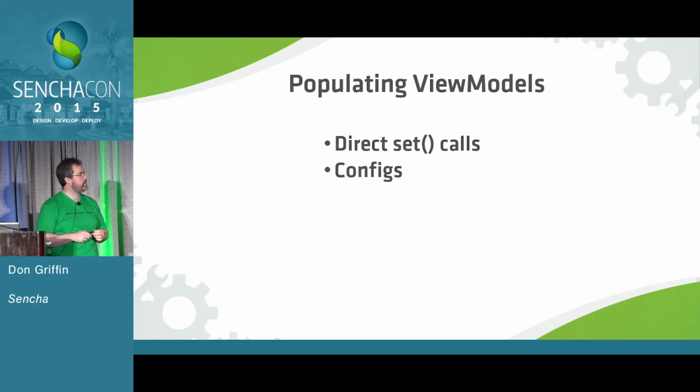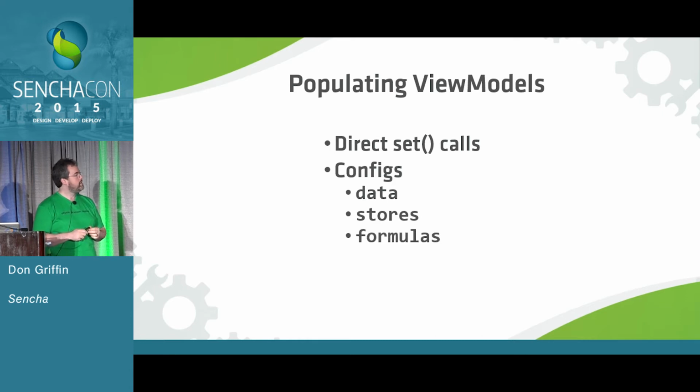So there's a handful of configs that we'll see how to use to make your view model provide that information right out of the gate, so that the view just says my view model is so-and-so and it does all the work. Those configs are the data config, which just populates the data of the view model directly. Stores create stores and put those in the view model as a data object.